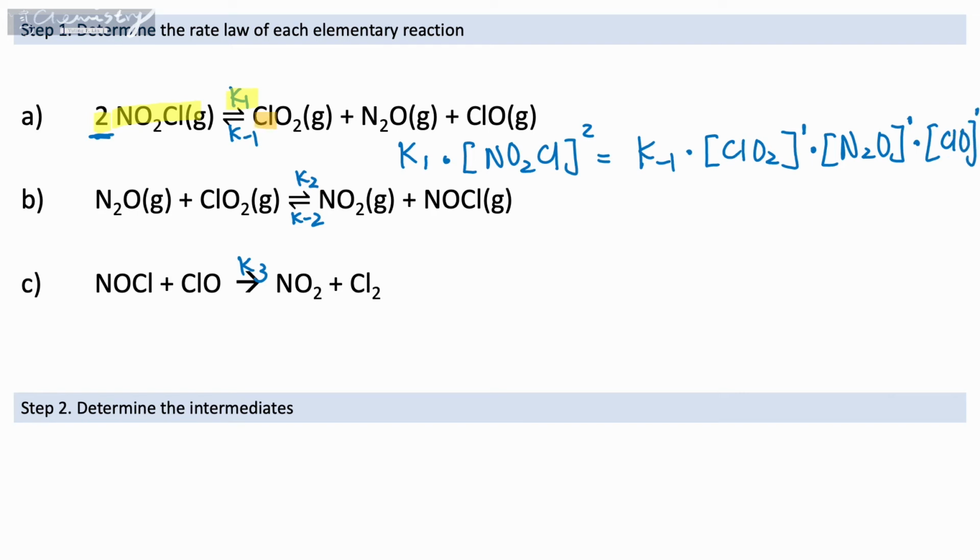And this part came from using these three and the K inverse one. So that is the rate law for the bottom one.